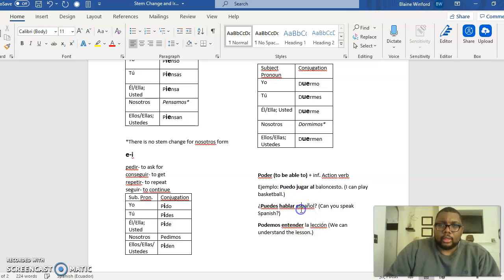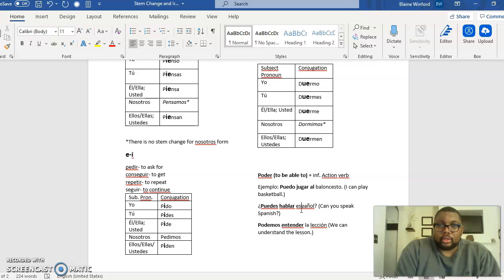Hate typos, but you should correct them if you see them. So you can use poder in this way, and just make sure that you remember, one, that poder is a stem changer, and two, that any other verb you use in tandem with poder will not be changed to a conjugated form.